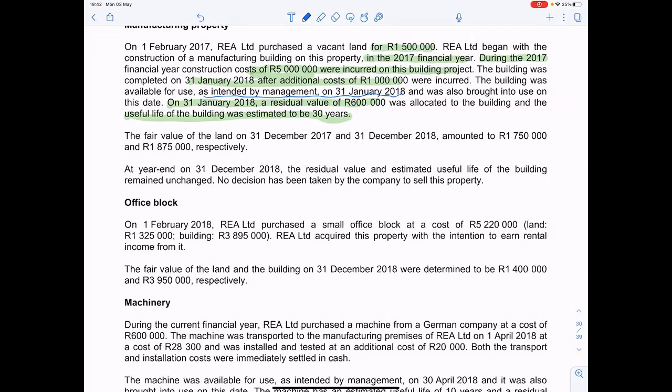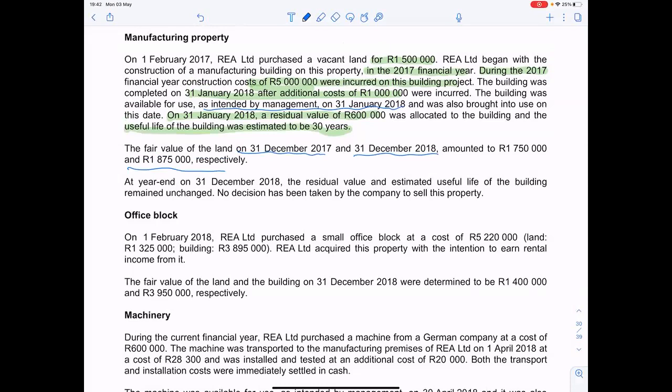Now, the fair value of the land on 31 December 2017 and 31 December 2018 amounted to 1,750,000 and 1,875,000 respectively. So in this case, we have to check the policy of the entity in terms of how they are showing their assets. Are they shown at cost? If they are shown at cost, you're going to take the cost amount as is.